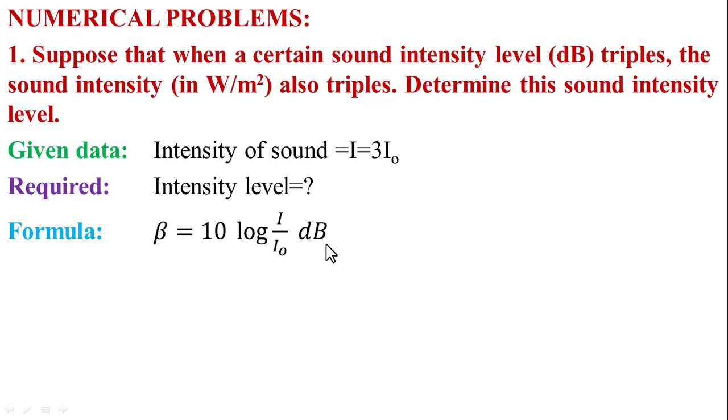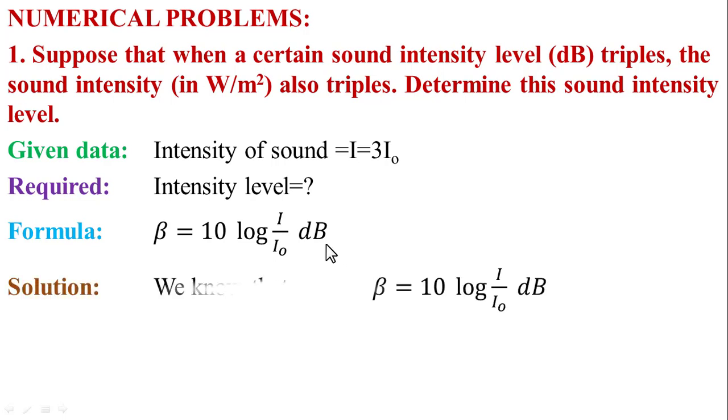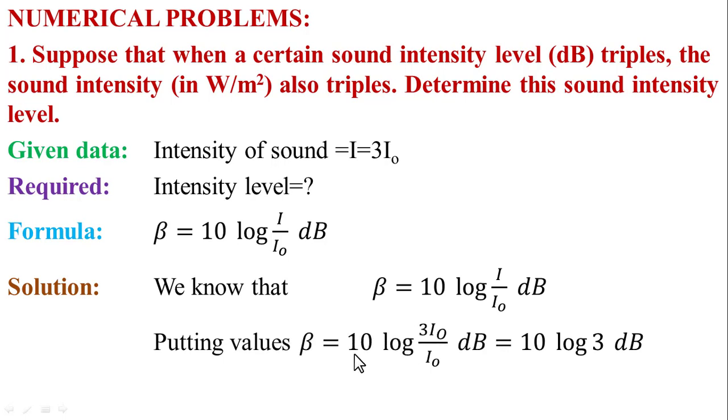Now finding the solution, we know that beta is equal to 10 log I over I naught in decibels. Putting the values, beta is equal to 10 log 3 I naught over I naught. Here I naught cancels out by I naught, then beta is equal to 10 log of 3.